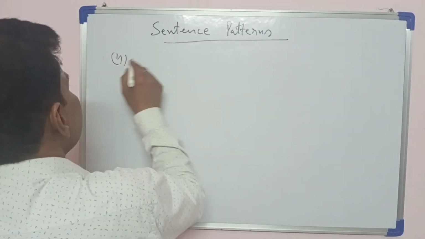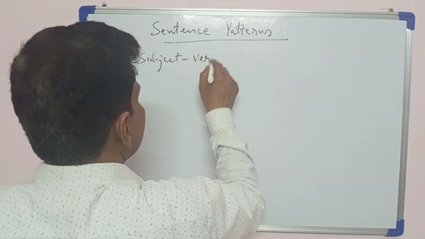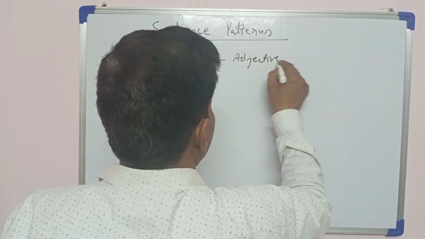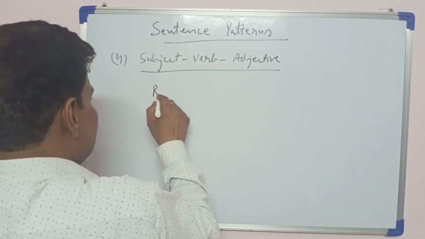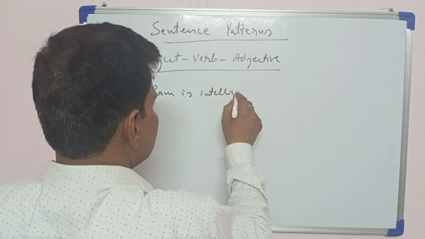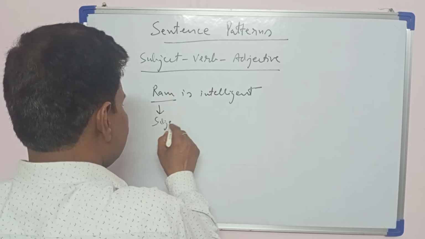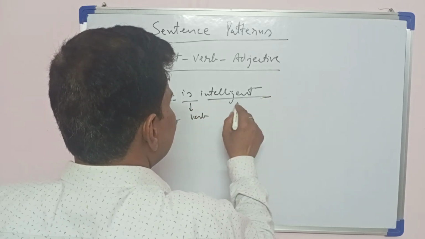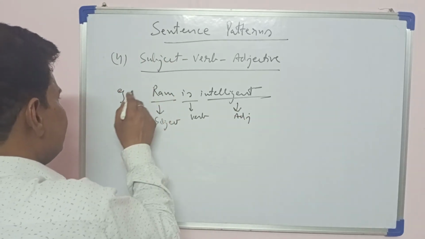This is the fourth one. Subject verb adjective pattern. Ram is intelligent. So Ram is subject, is verb, and intelligent adjective. This is first one example.